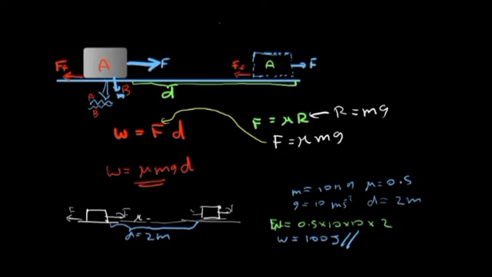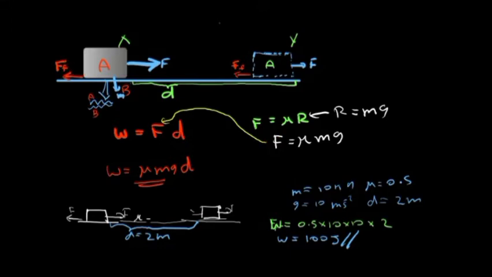You can see that A and B are in contact, moved from a position, let's say X, to the position Y. The distance between those two positions is simply D, and we know the work done is equal to force multiplied by the distance. So the force is nothing other than the frictional force.